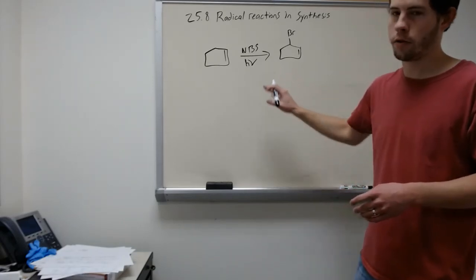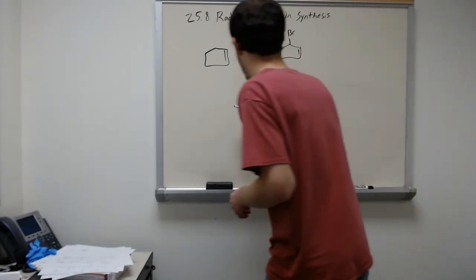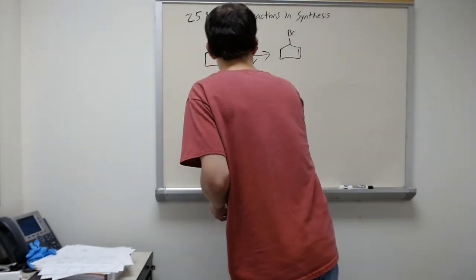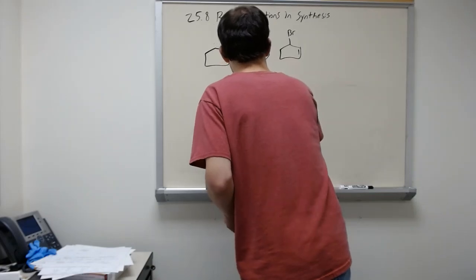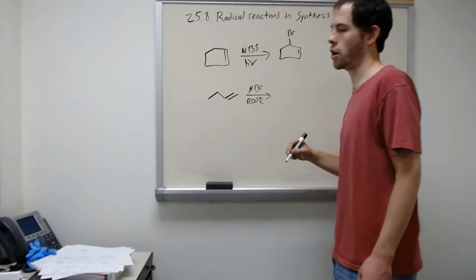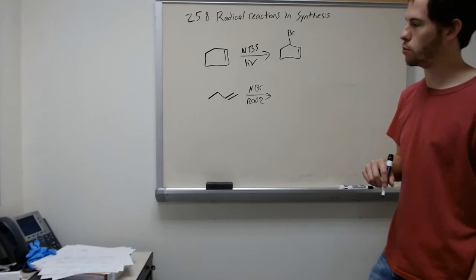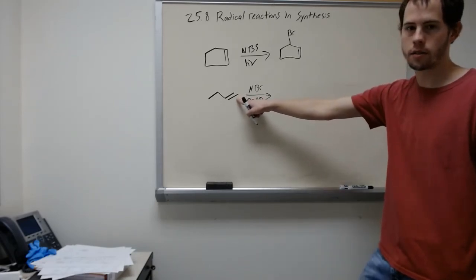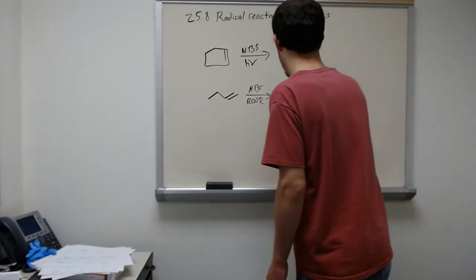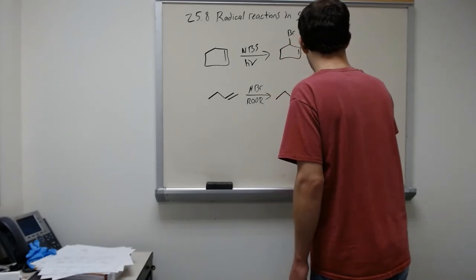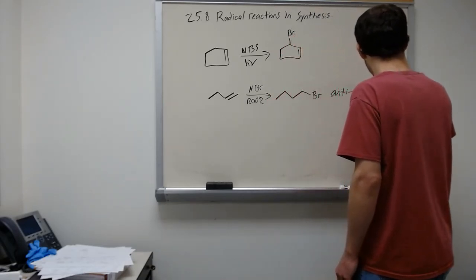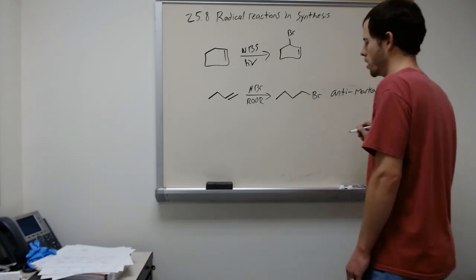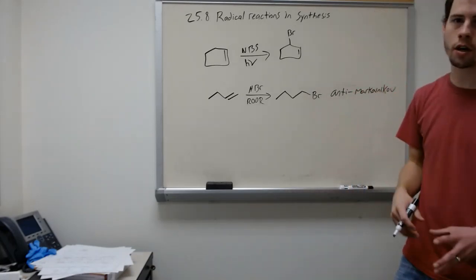Another reaction that we've learned is the anti-Markovnikov addition of HBr. And so we throw in HBr, some peroxides, we get bromine added to the less substituted carbon. And so we call this the anti-Markovnikov addition.